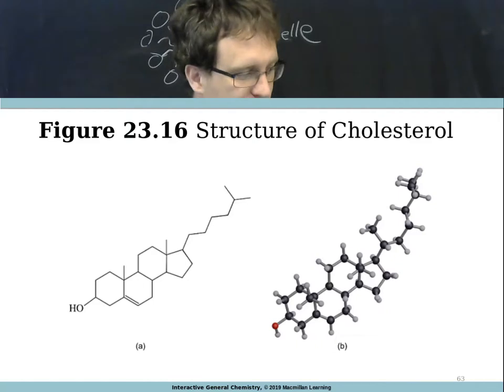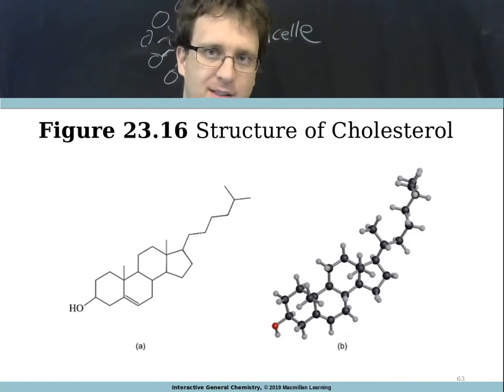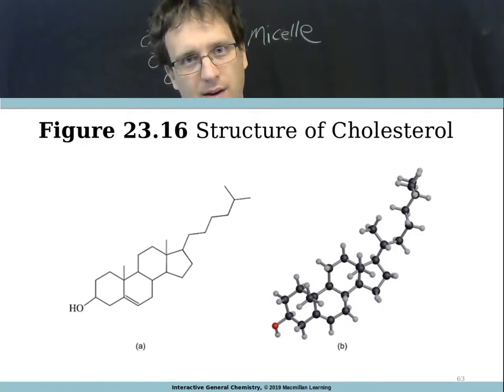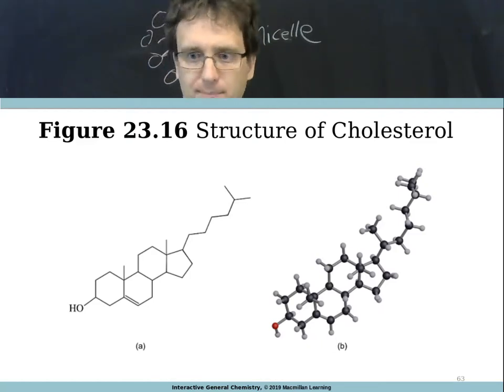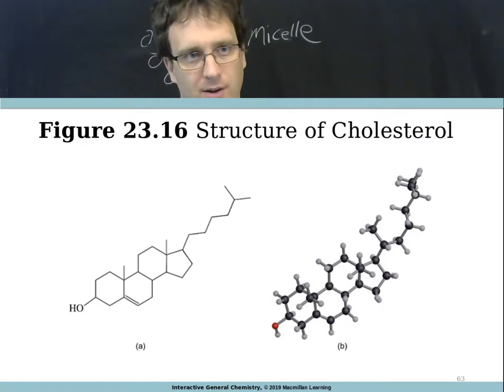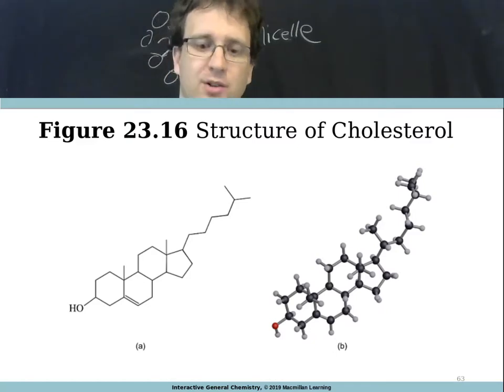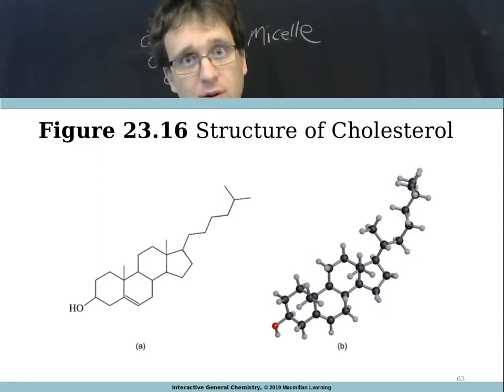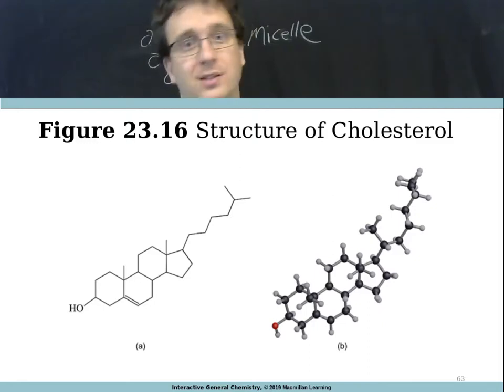So cholesterol is the fat that is sort of lining our blood vessels, and it's famous for building up when you have an unhealthy diet or lifestyle and constricting those blood vessels. But actually cholesterol is a necessary and beneficial molecule in our body. It's just when it gets sort of out of balance that it becomes a problem.